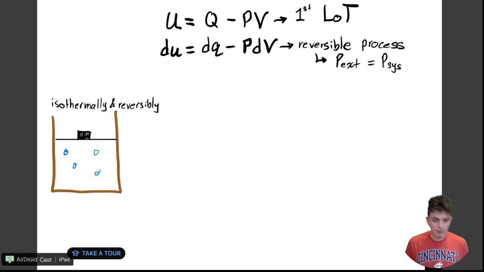As you may guess, or if you weren't already aware, isothermally means we are going to hold temperature constant. And again, we just defined reversibly as the pressure of the surroundings being equal to the pressure inside the system itself. So with these two definitions out of the way, we can talk about either an isothermal expansion, in which the volume will grow, or an isothermal compression, in which the volume will shrink over the course of the process.